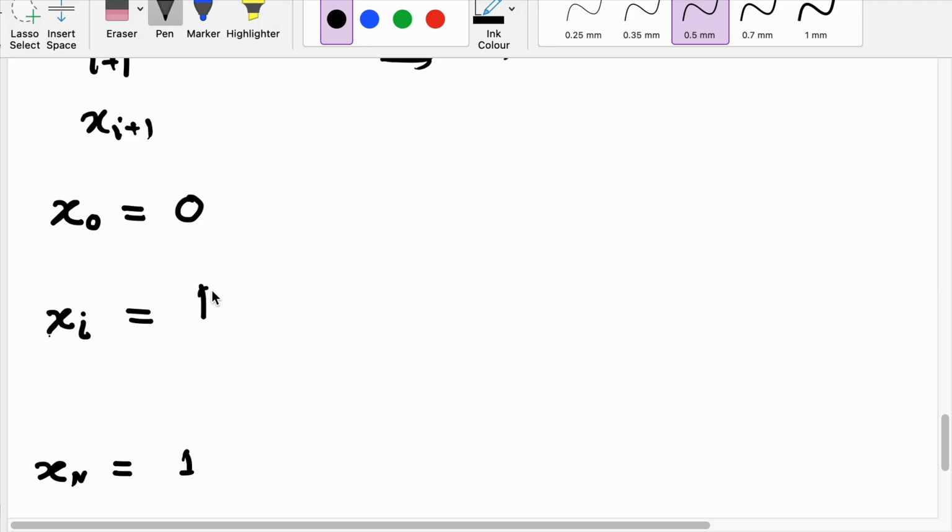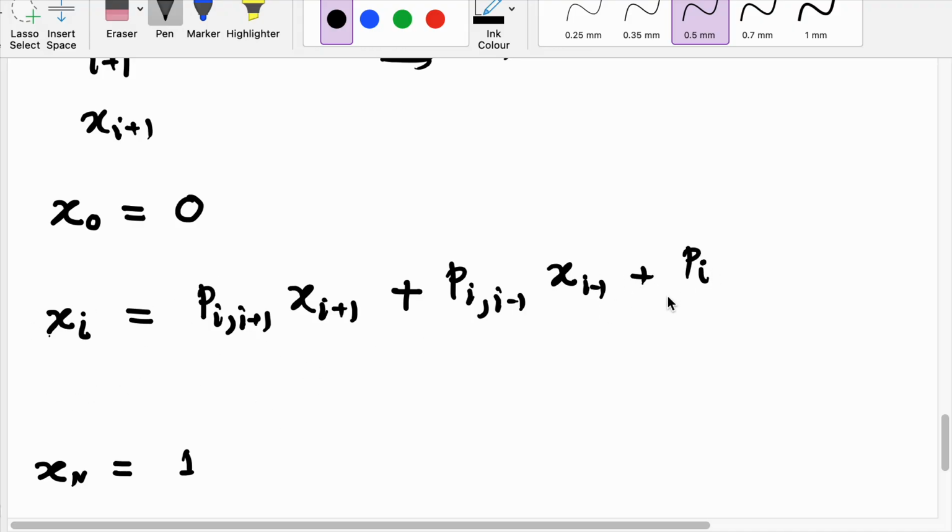It could go to the I plus 1 state, with probability x I plus 1, or it could go from I to I minus 1, with probability x I minus 1, or it may remain at I, with probability p I comma I times xi.